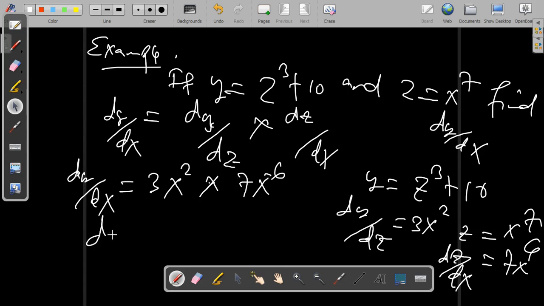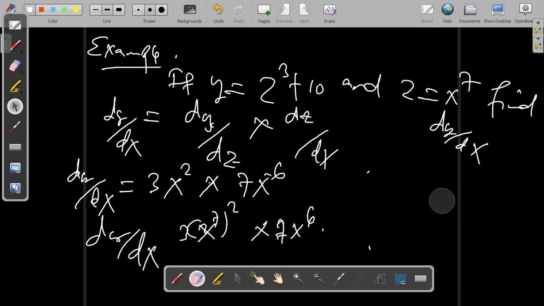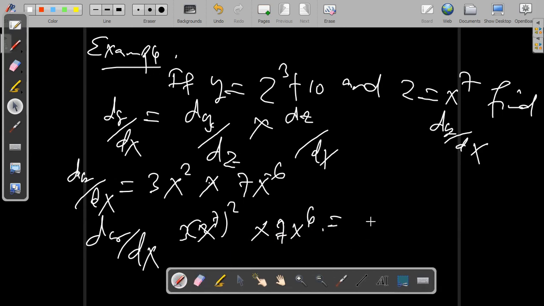So when you apply the multiplication rule, substituting z with x to the power of 7, we obtain more results as we continue. When you simplify more, it will result in something like this: 21x to the power of 20.